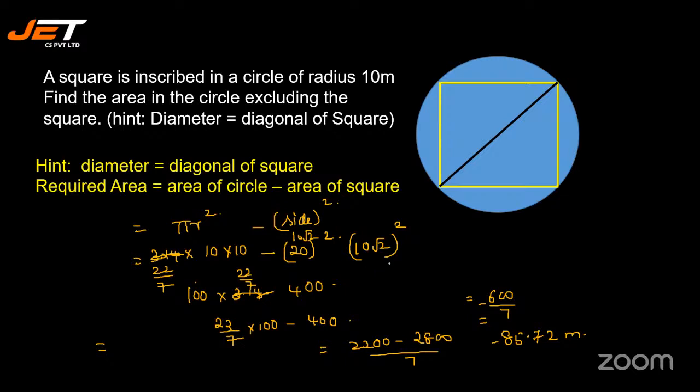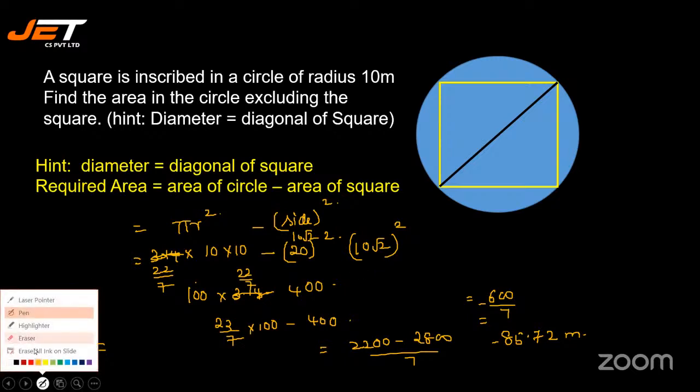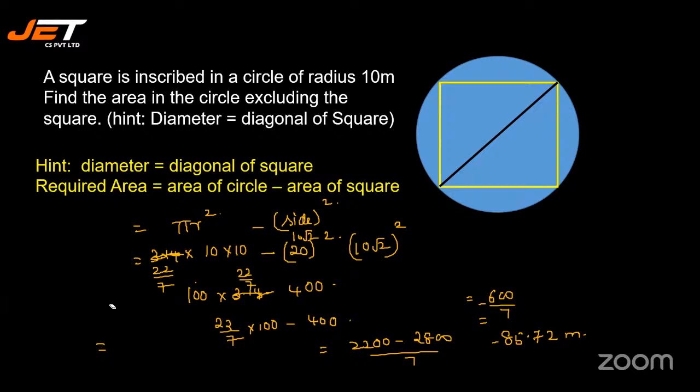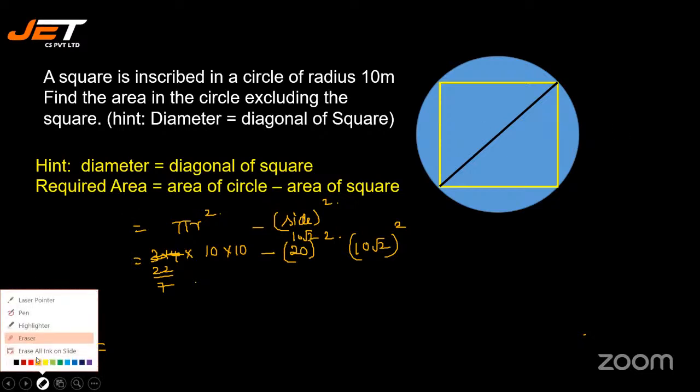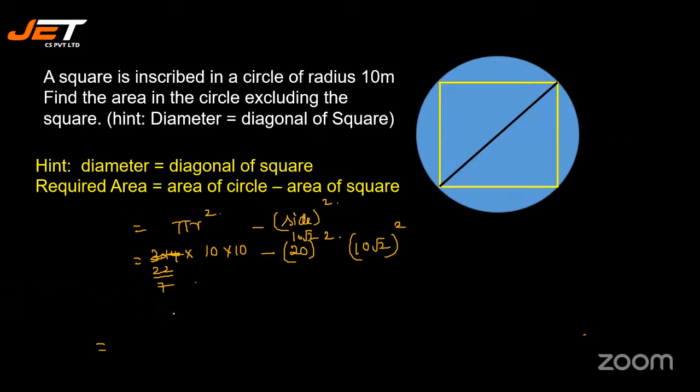So just a second. Erase this. So 22 by 7 into 100 minus 10 root 2 the whole square.